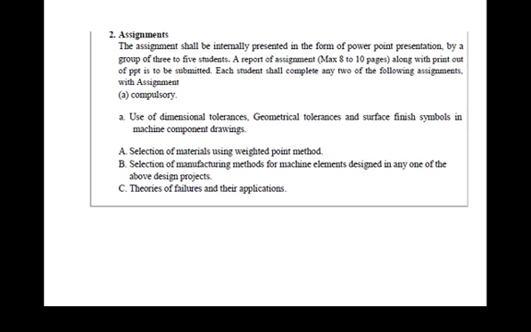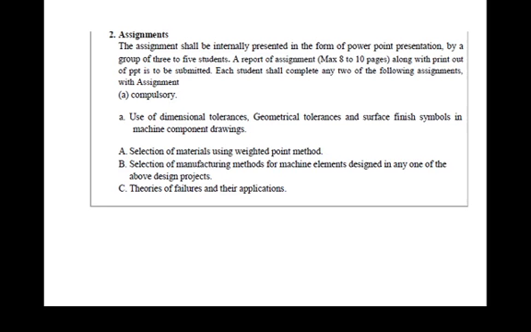Then the second part of our term work is the assignments. We need to complete 2 different assignments, and these are to be completed in the form of a PowerPoint presentation. We also need to complete a report. That report will consist of a maximum of 8 to 10 pages along with the printout of the PPT. Now the first assignment is the use of dimensional tolerance, geometric tolerances and surface finish symbols in machine component drawing.